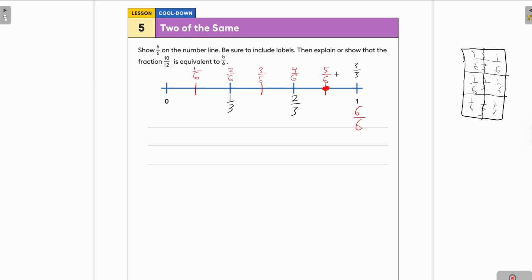But wait a minute, how can I get 12s over here if I only have sixes? Well, just like we converted the thirds into sixes by cutting it in half, we can do the same thing with the sixes. Notice that here right now we have sixes, right? Look, we have these sixes here.